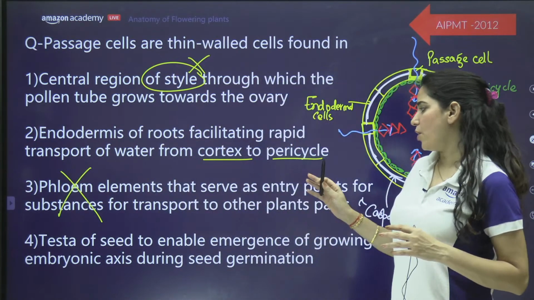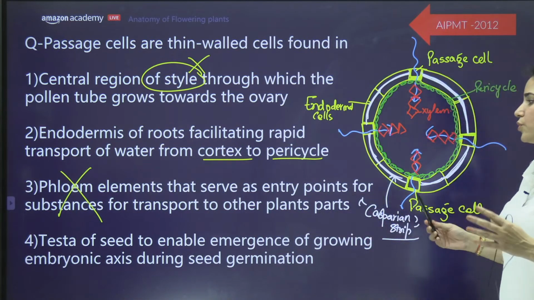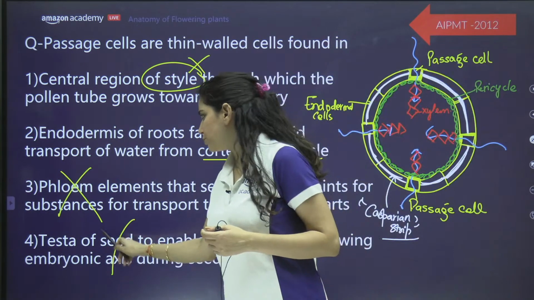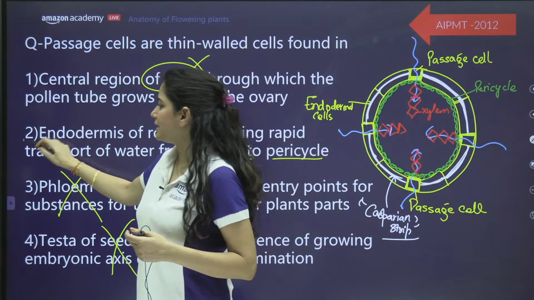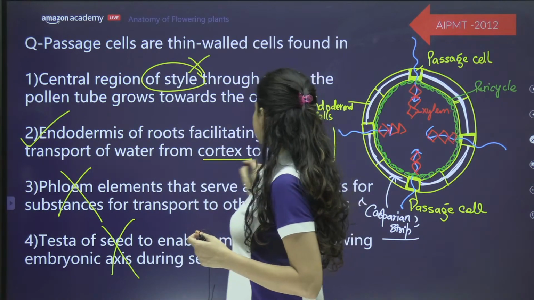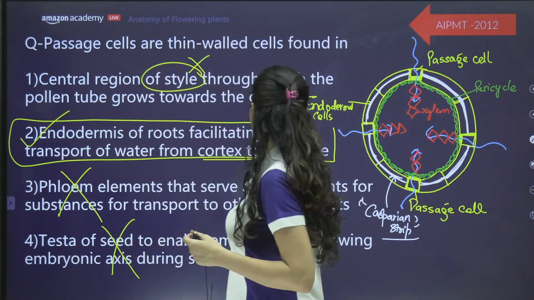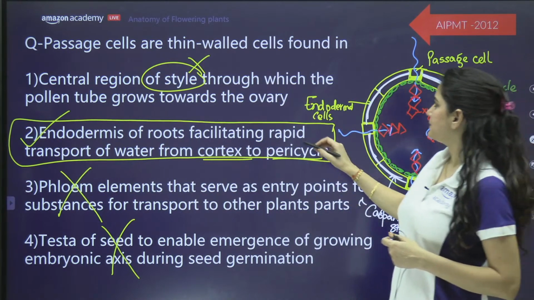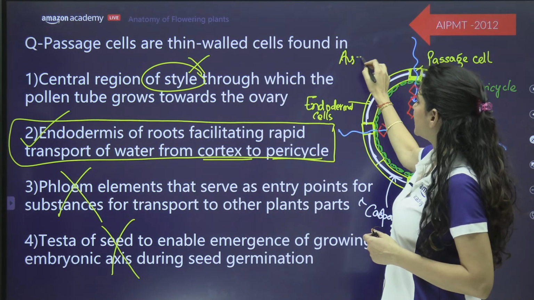Next, testosterone seed enable emergence of growing embryonic axis during seed germination. Not related to seed also. So what is the right answer, beta? The right answer will be option number 2. This is a perfect choice for passage cells. Answer will be second option.